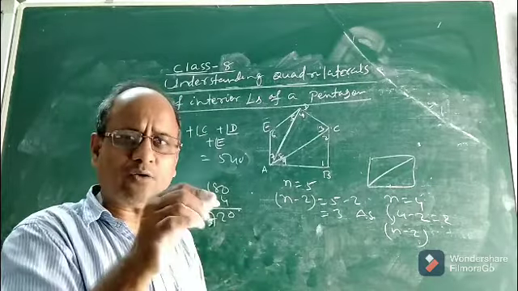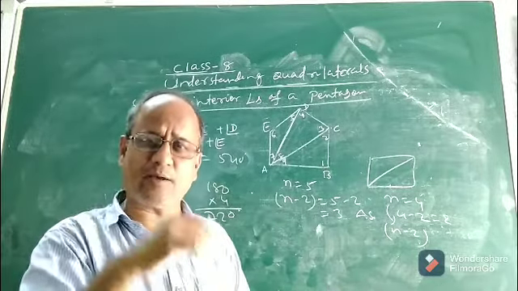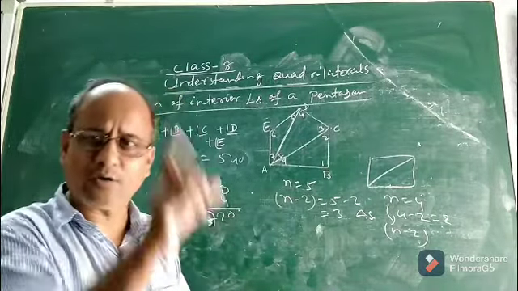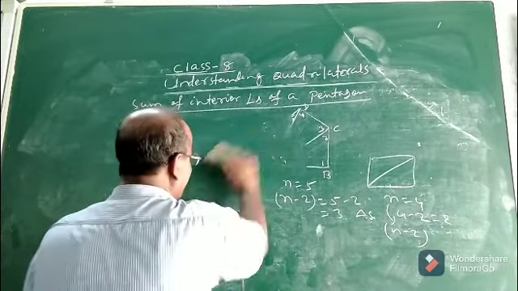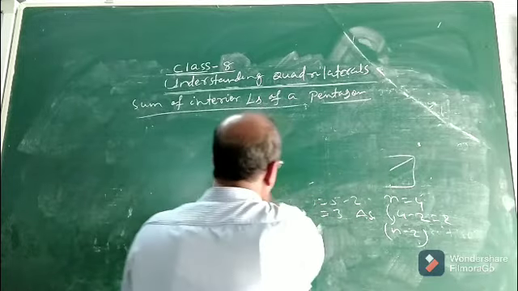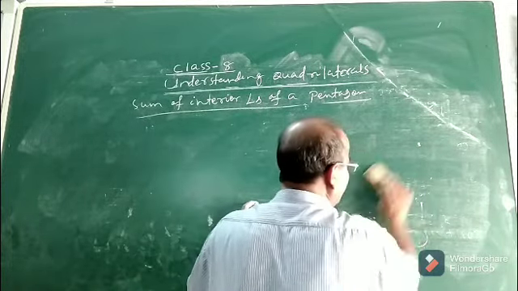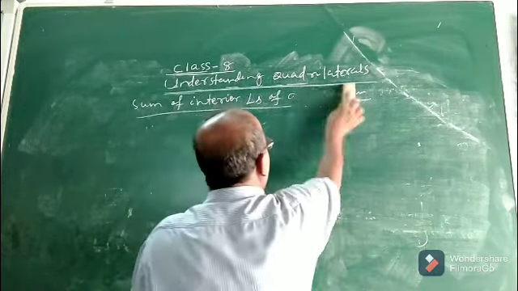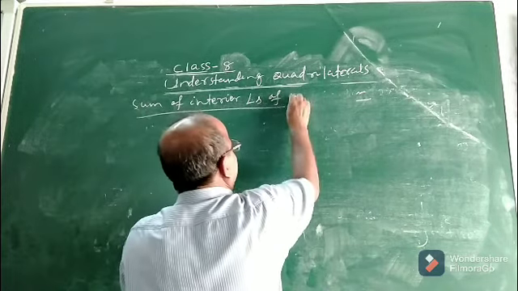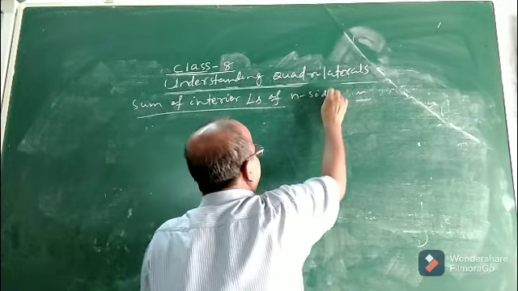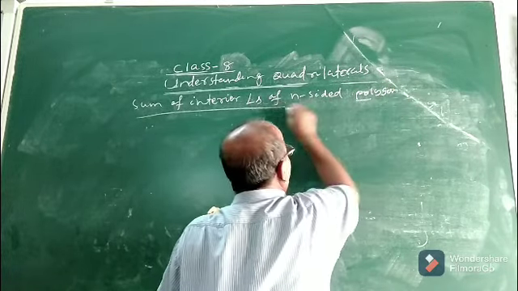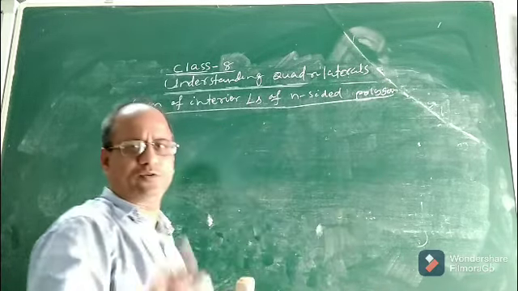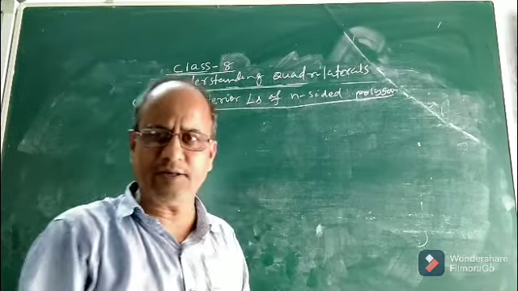Now the point is, what will be the sum of interior angles of any n-sided polygon? What will be the formula? Let us find out. Sum of interior angles of any n-sided polygon. N-sided polygon means a polygon having n number of sides. We do not know what is the number of sides. Let it be n.